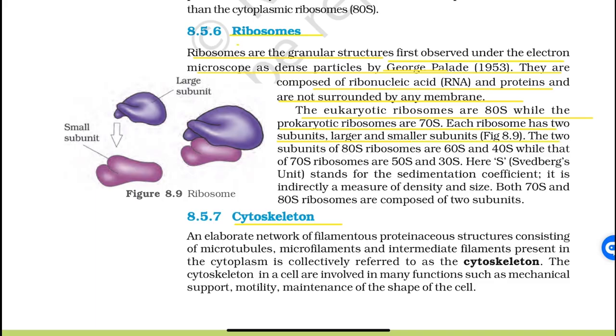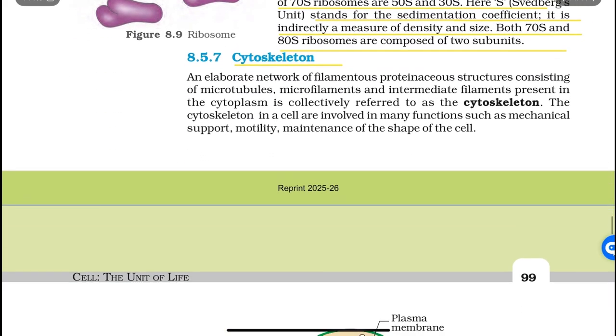The two subunits of 80S ribosomes are 60S and 40S while those of 70S ribosomes are 50S and 30S. Here S stands for sedimentation coefficient. It is indirectly a measure of density and size.